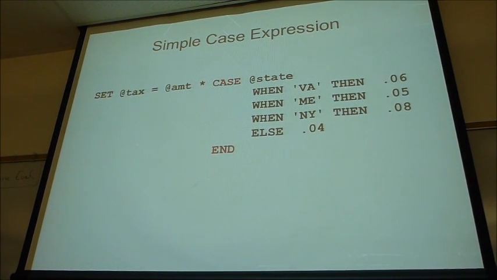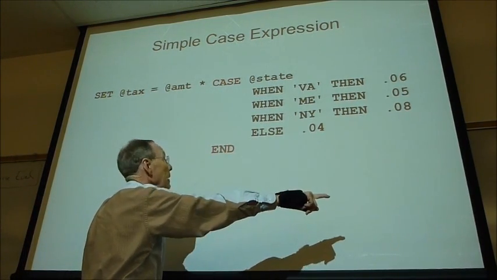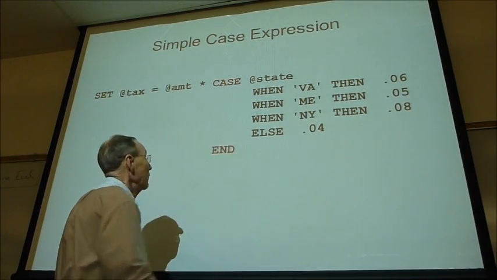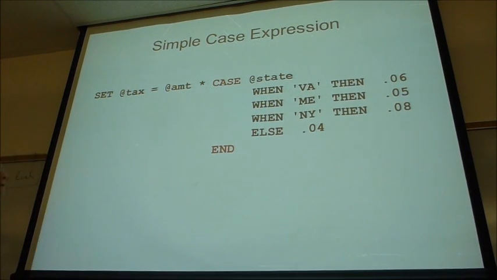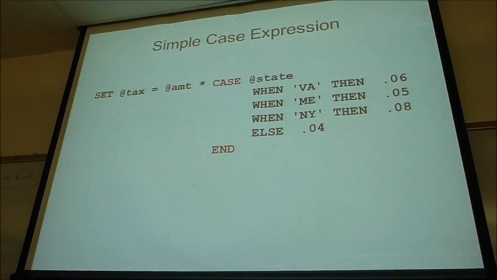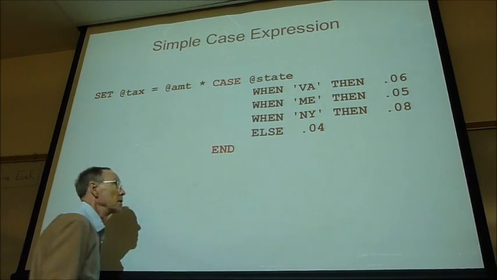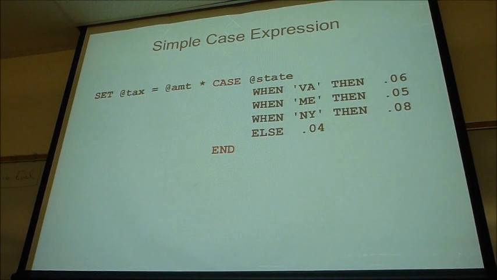Do that, and now you see the power of it. What this is really saying is, now I've got this case statement, and it's simply an operand. In here it says, take the amount and multiply that times the result of the outcome of that case statement.